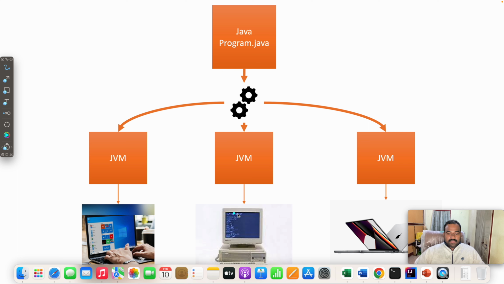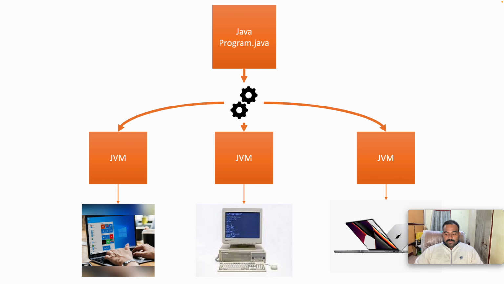The only thing is the JVM should be installed on that machine, and the same compiled code package, with many Java classes and some other configuration files, can be compiled in one system and run in another system. That is one of the main advantages of the Java programming language.